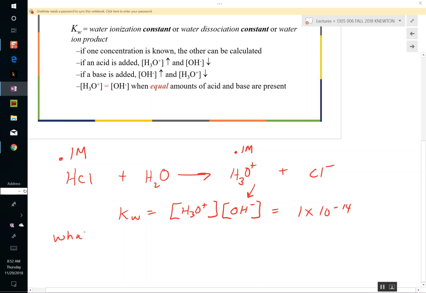What is the hydroxide ion concentration going to be now? So I want to isolate that, so I have this times this equals 1 times 10 to the minus 14th.